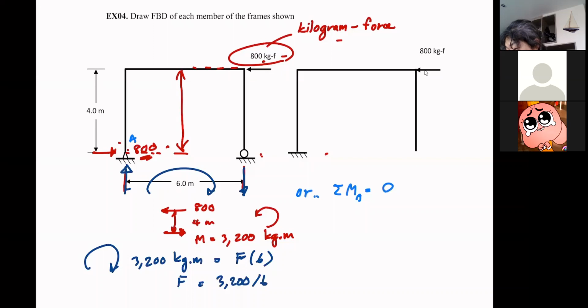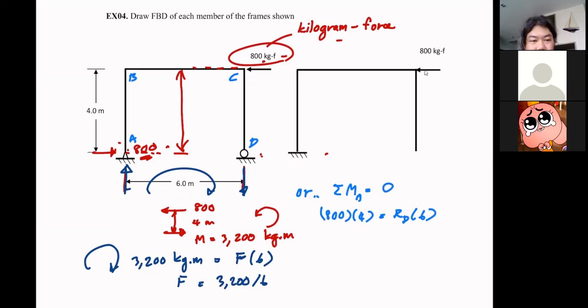When you take moment at A, you eliminate these two forces. You have 800 multiplied by 4, it's going to be equal to RD, okay, B, C, and D, RD multiplied by 6. So it's the same thing, right? Just depending on how you look at things, okay?